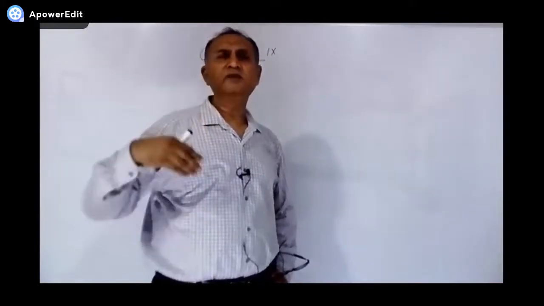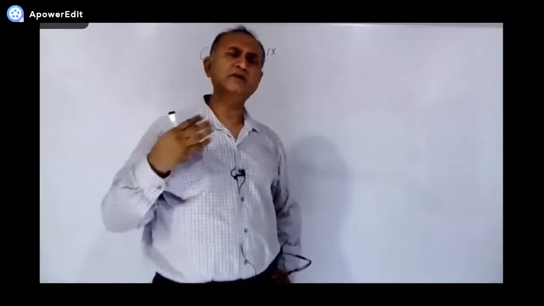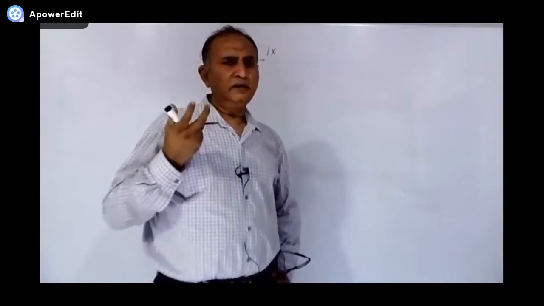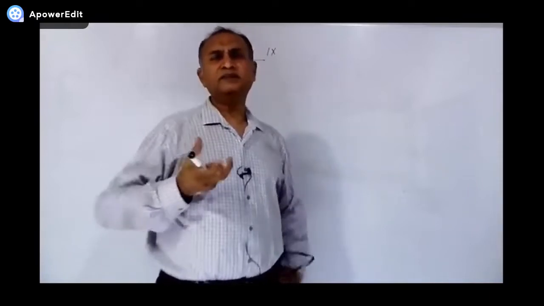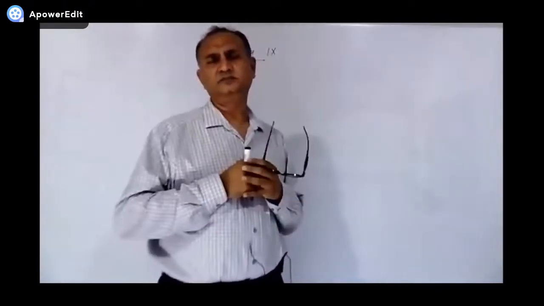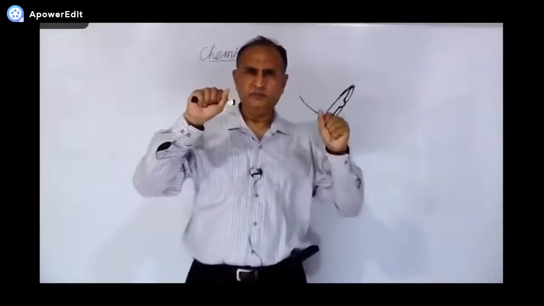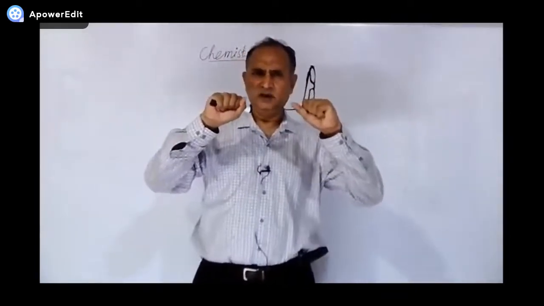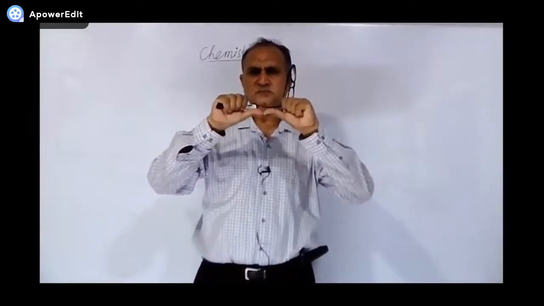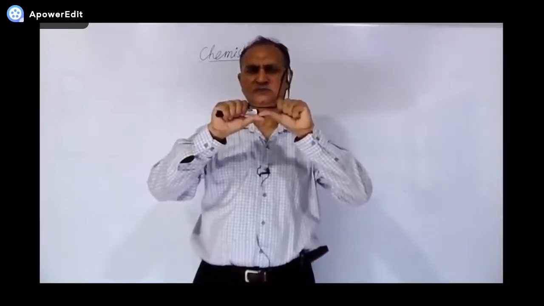A term that we will use in the upcoming chapters, chapter number 4, 5, is chemical bond. In molecules, what happens? Atoms share their electrons. Suppose this is one atom, this is another atom. These two atoms will create a mutual partnership.